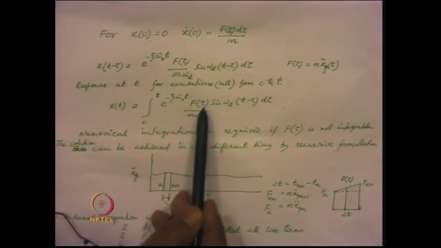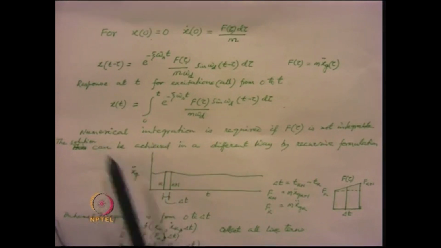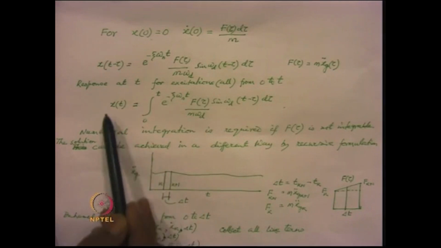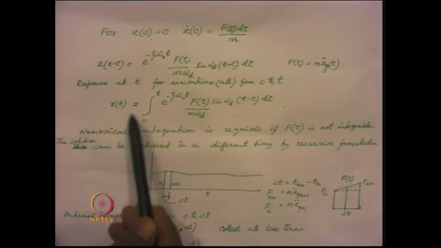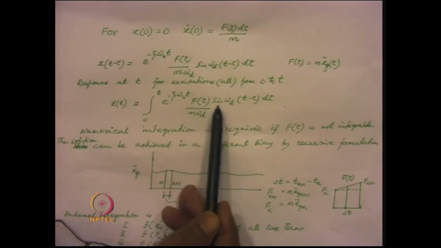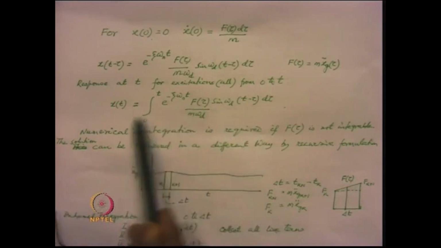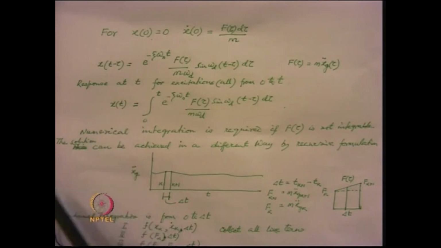If this f(tau) is an integrable function, then there is no problem; one can obtain the response x(t) in closed form analytically. However, if f(tau) is not an integrable function, then one has to perform a numerical integration to get the value of x(t).